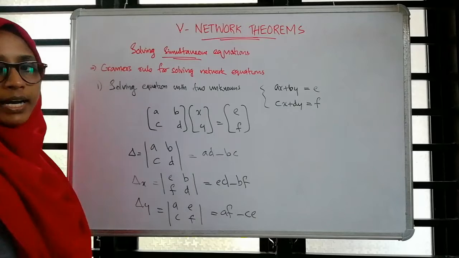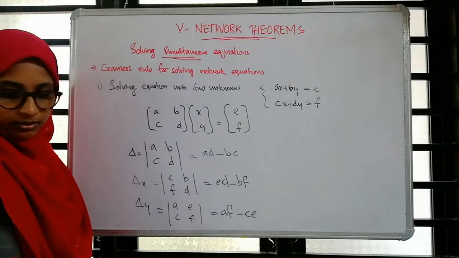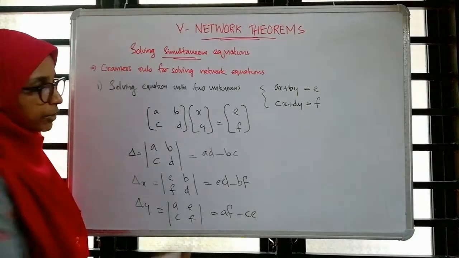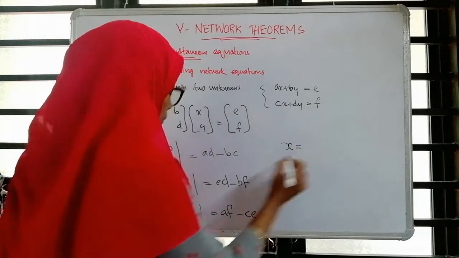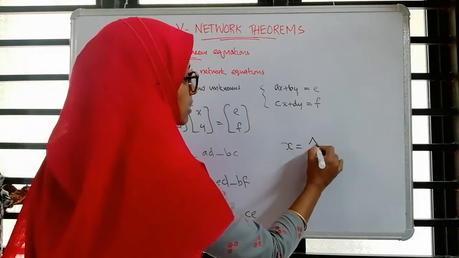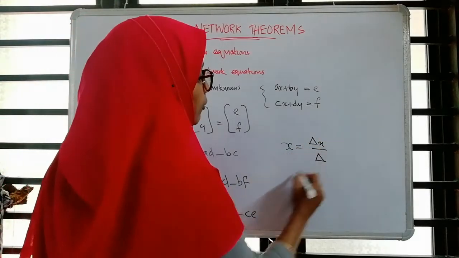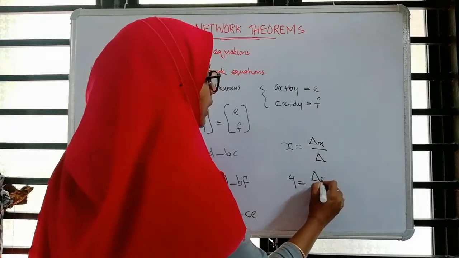Now we can find the unknowns X and Y as X is equal to delta X by delta and Y is equal to delta Y by delta.